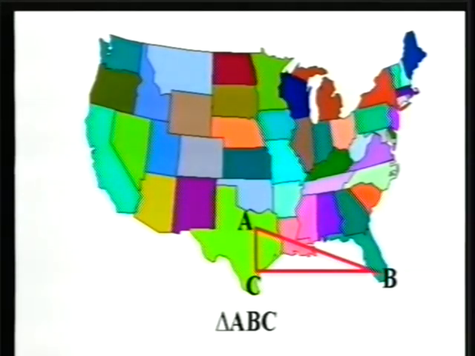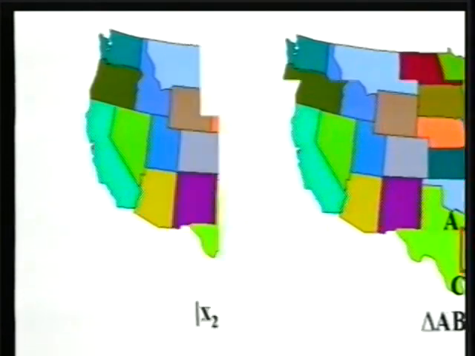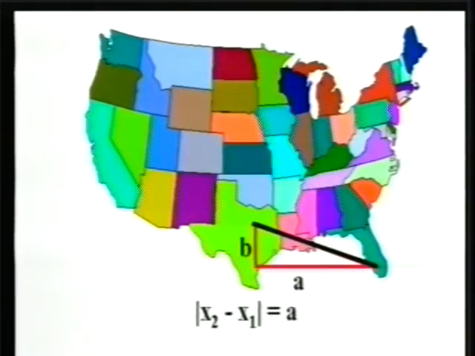Now, we have an idea of what the length of our line AB is already from having called and done research. But to be able to figure that out using right triangles, we can first find the distance of side A, the distance from Houston to Orlando, simply using the mathematical form of the absolute value of x2 minus x1.